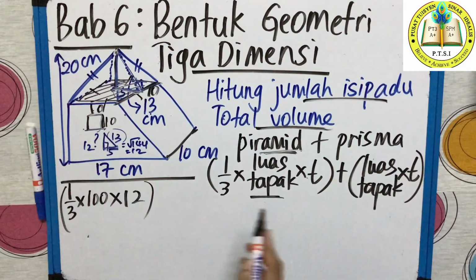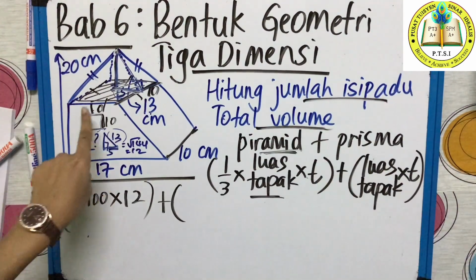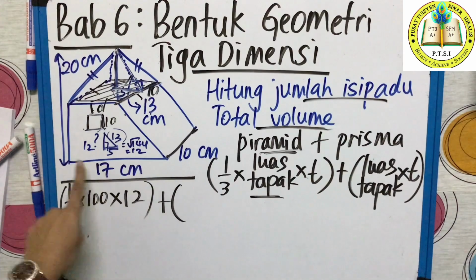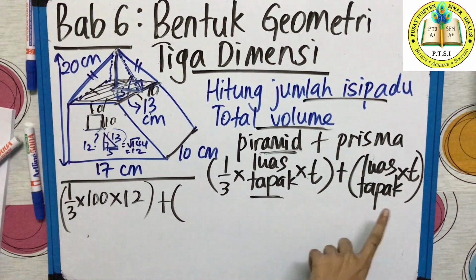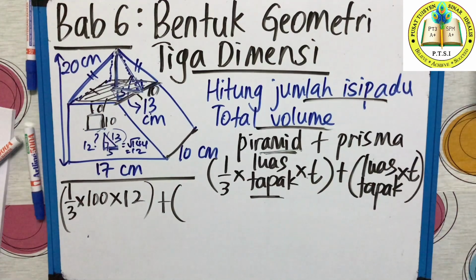Done. Now for prisma. Yang ini bawah, atas piramid, bawah adalah prisma. It's a prisma trapezium. So when they say luas tapak kali tinggi, is actually luas keratan rentas. If you see your textbook, you can see the word cross-section area. Luas keratan rentas. But remember, if the prisma is a trapezium, you must do the area for the trapezium.